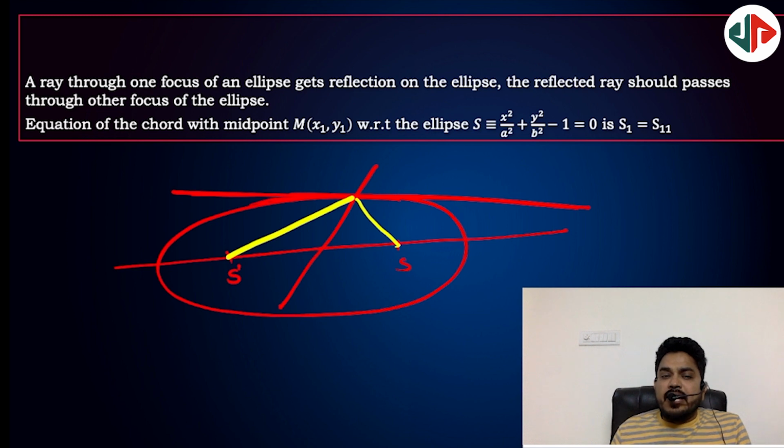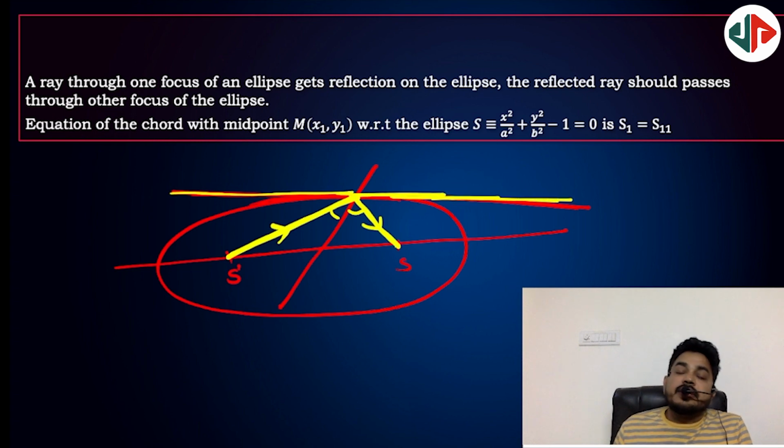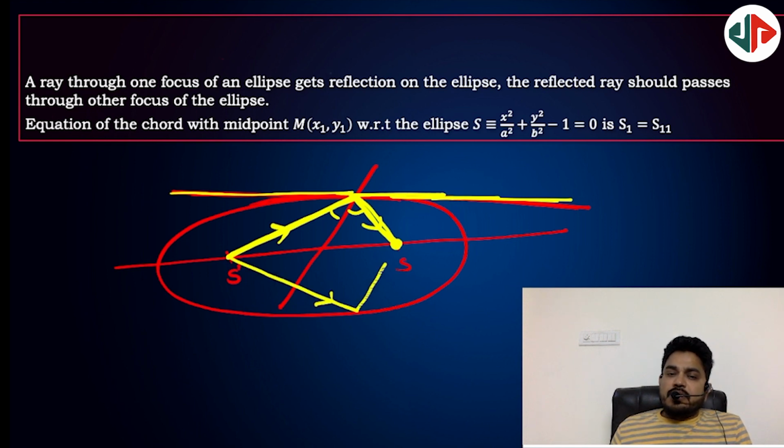What happened? Any line passing through this one, because this angle is equal to this angle, so when it is going and hitting this target, it will get reflected and pass through this one. The reflection property of ellipse is this one. Similarly, hyperbola is also there. So from one focus, if the ray is going and hitting the target, maybe need not be here, if it is going and hitting here, then also it will pass through this.